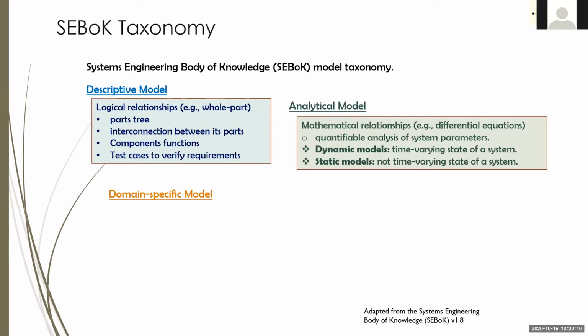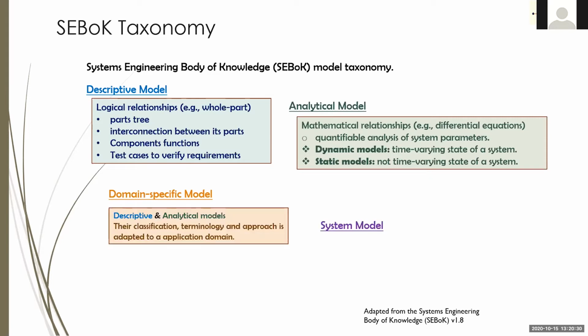We can further classify them into dynamic models or static models. Dynamic models are the ones that are time dependent. So if we want to do some calculations of acceleration, then we need to take into consideration the time or the velocity. Those might be some of the examples.